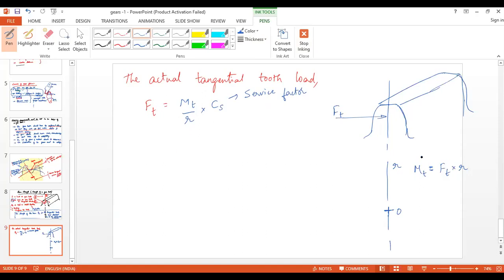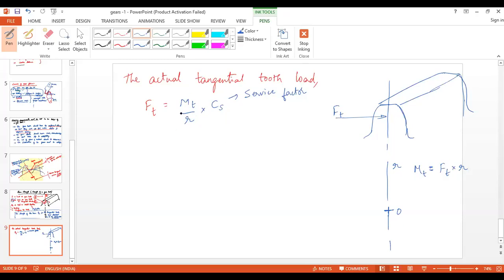If the gear wheel has to work for only 1 hour, then we can keep this value near to one. Or if it needs to work continuously for more hours, then we can change the value of service factor accordingly.